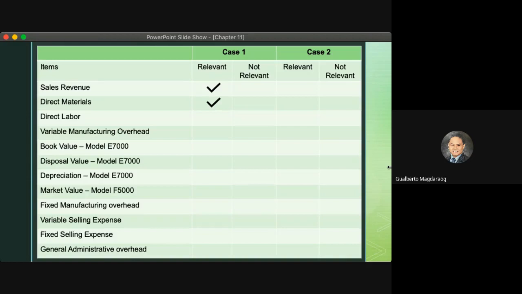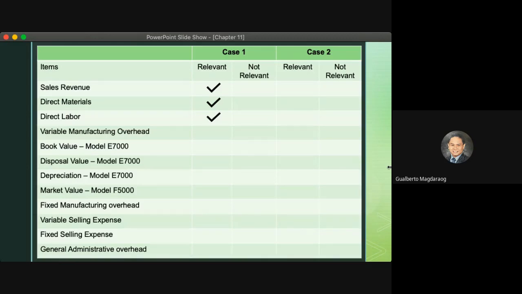If there's an increase in machine, then we need additional laborers who will run the machine. Or aside from the one who will run the machine, meron ding mga other area na kailangan ng tao dahil magdadagdag tayo ng production. So we need additional direct laborers. Therefore, this is a relevant cost.